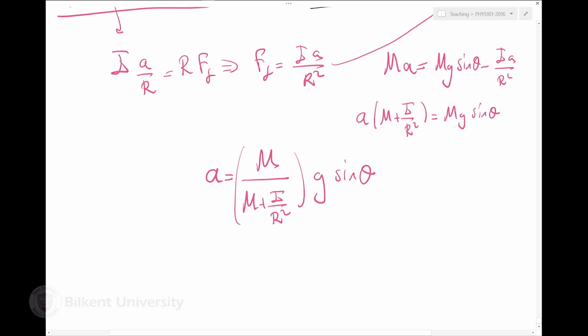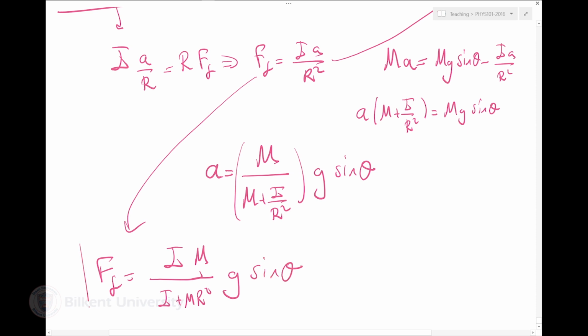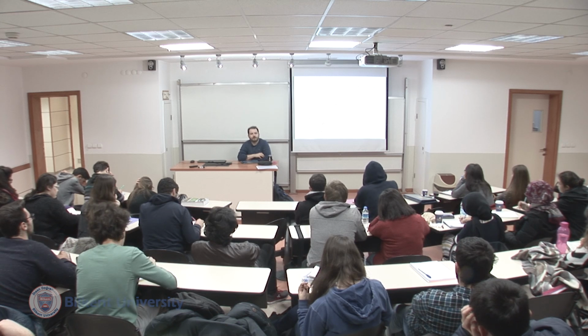I was asked to find the friction. It's going to be I times m, I'm just going to use this formula here, I times m over (I plus m R squared) times g sine theta.